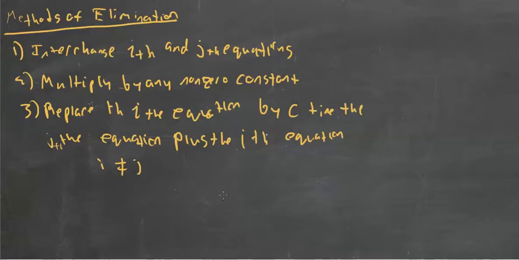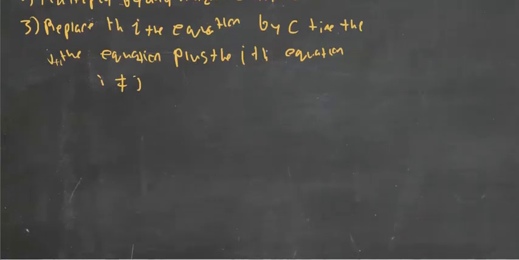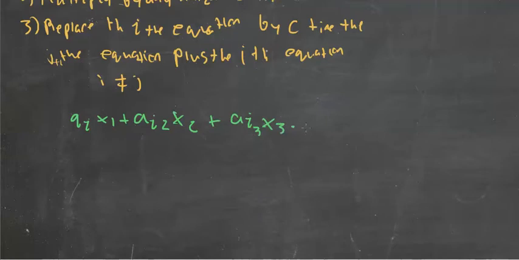So then what we get in short form is a_i1 x1 plus a_i2 x2 plus a_i3 x3, and this will go on for any a_in xn value, where n is just the sequence of continuation.